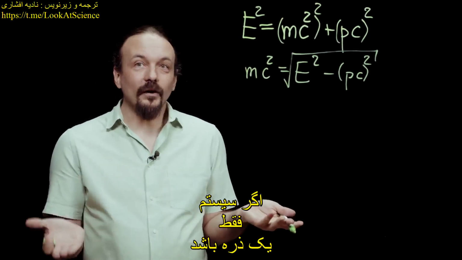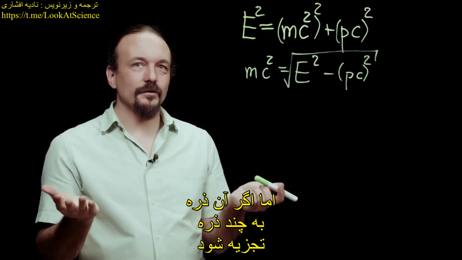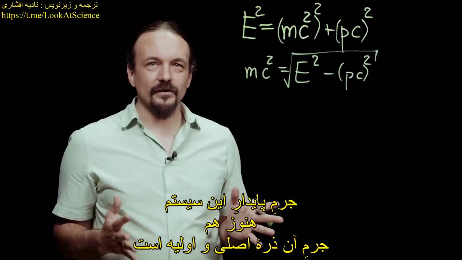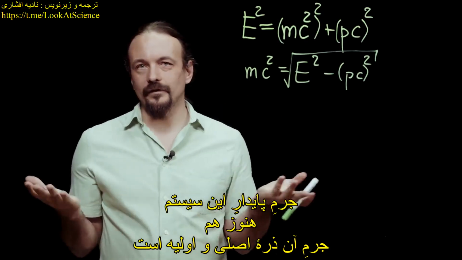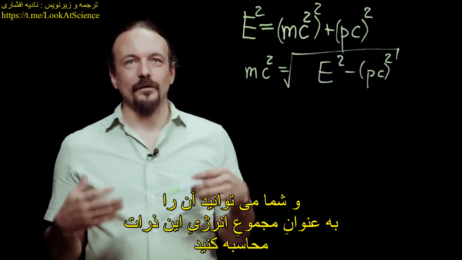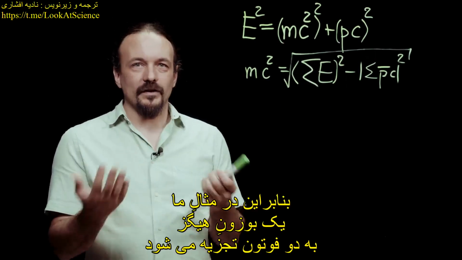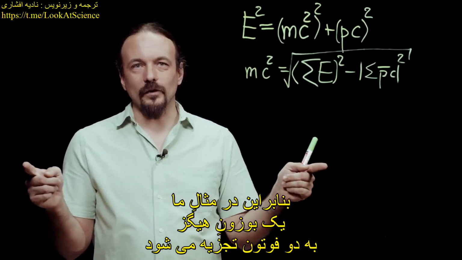If the system is just one particle, then this is the mass of that particle. But if that particle decayed into several particles, the invariant mass of the system is still the mass of that parent particle. And you can calculate it as the sum of the energies of the particles and the sum of their momentum vectors. So in our example, a Higgs boson decayed into 2 photons.